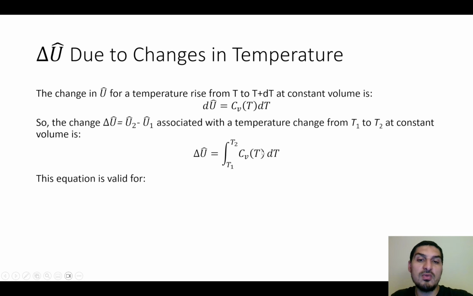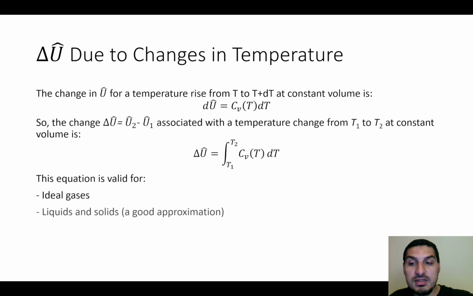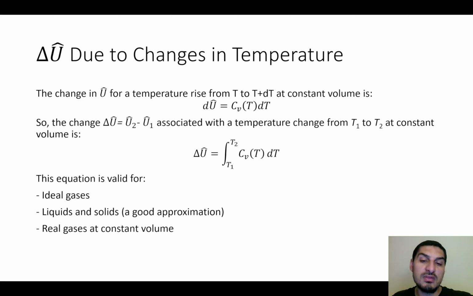So if we know how CV can be mathematically represented as a function of temperature, we can do all that we want to do now, because we know the equation. Again, this is important: this equation is not valid for all the cases. It's valid for ideal gases, it's valid for liquids and solids as a good approximation. It's not exact, but it's a good approximation, and it's valid for real gases if the volume is constant.